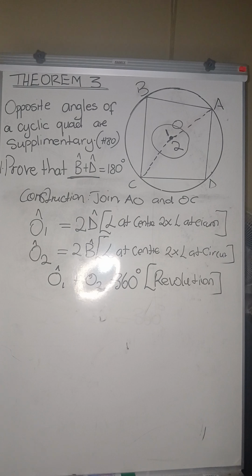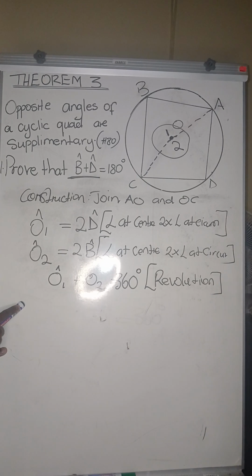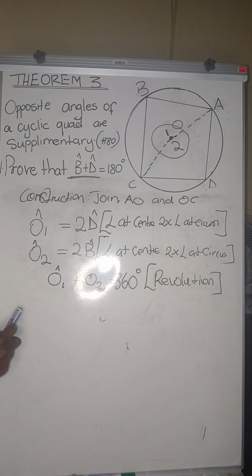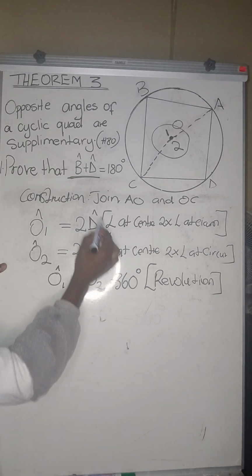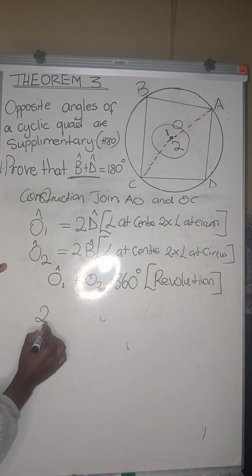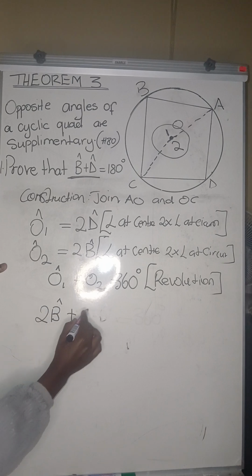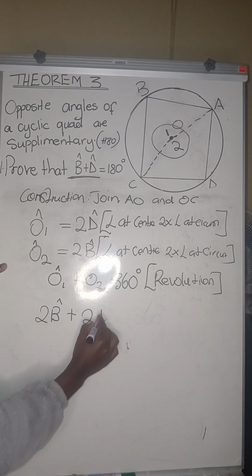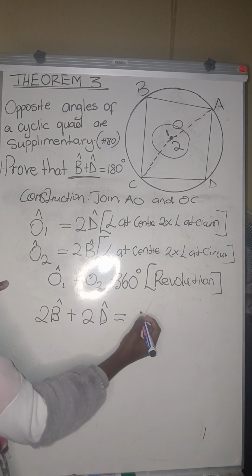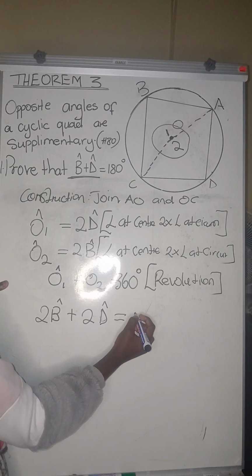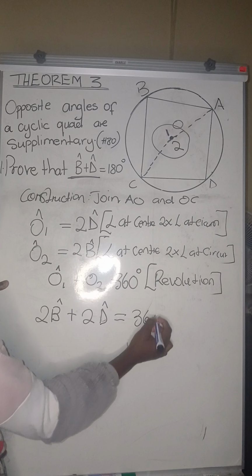That's the law. So if these two are equal, we take them and we say twice B plus twice D is equal to the same revolution, which is 360.